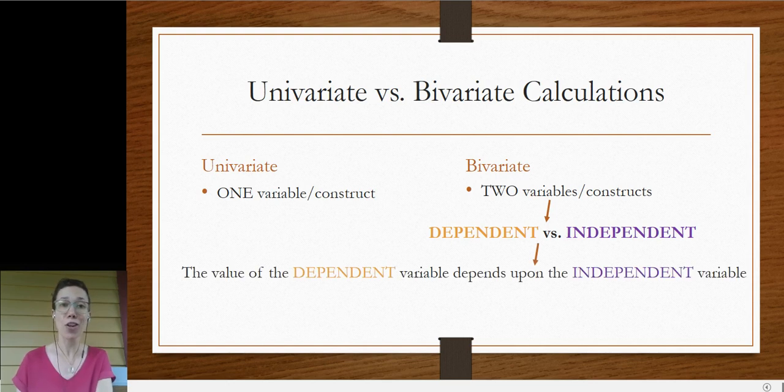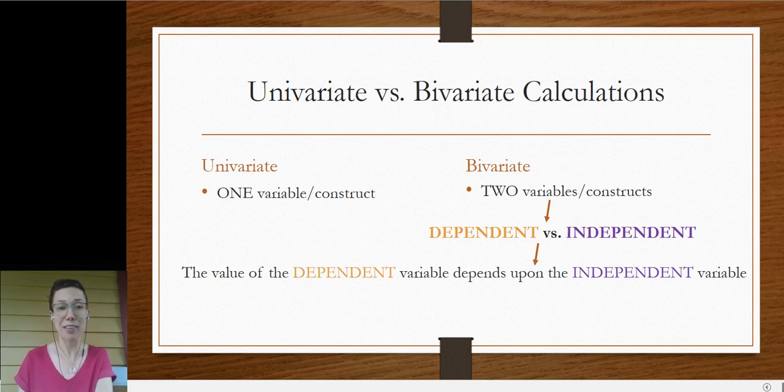Sometimes we want to know which variable is doing the influencing and which variable is being influenced by the other variable. That's what we're referencing with the terms dependent variables versus independent variables: one of those variables is dependent upon the other variable.